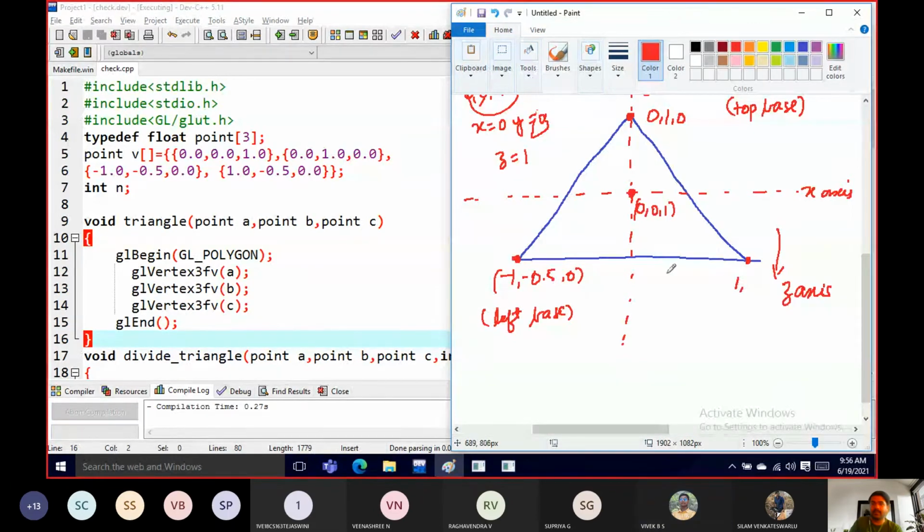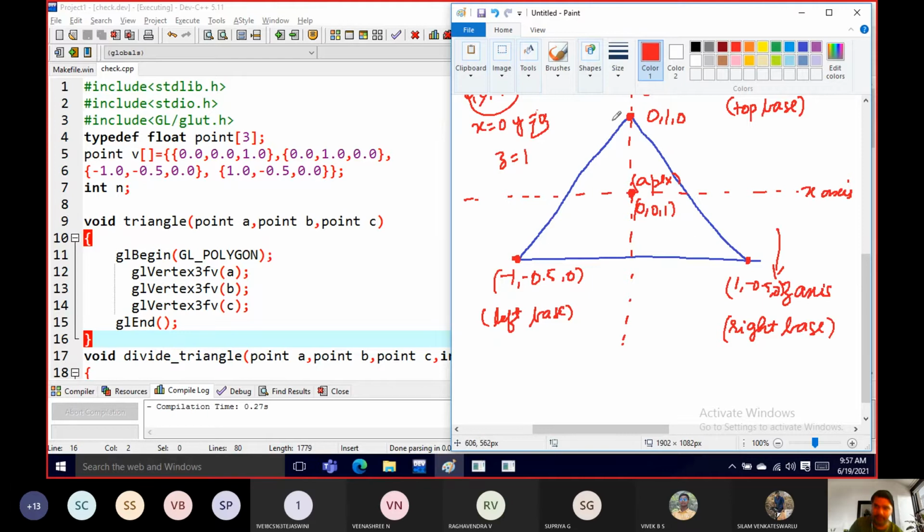What about the y value? Negative 0.5. Next, what about z? 0. So this will be the right base. These are just the names I give, for our understanding: this is apex, this is top base, this is left base, and this is right base.